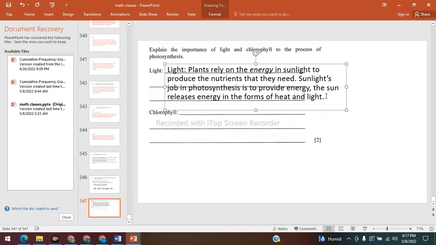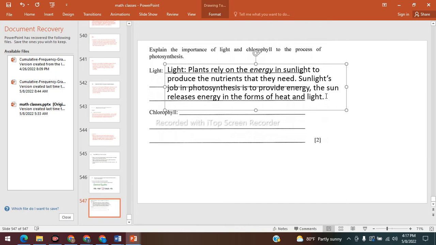So the chlorophyll uses, well, I wouldn't say use. Chlorophyll transfers the light energy. Well, I guess you could say it uses light energy to make glucose.